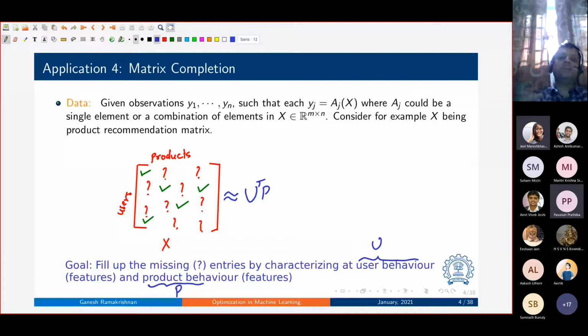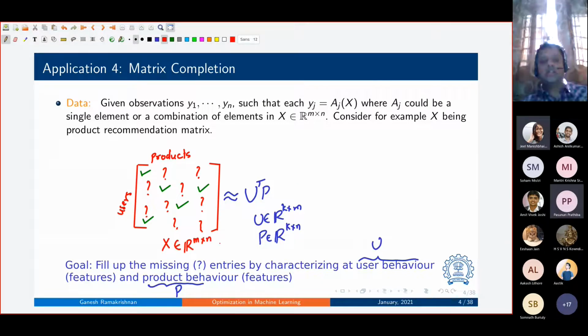And a degenerate case of the products is when it's a single row. So let's say U transpose is in R^(M×K), and to have compatible dimensions, let's say P is in R^(K×N). This matrix X itself is in R^(M×N). I've already written that.